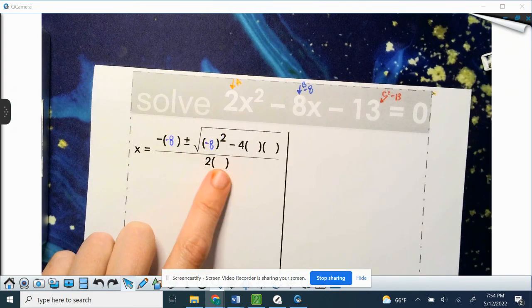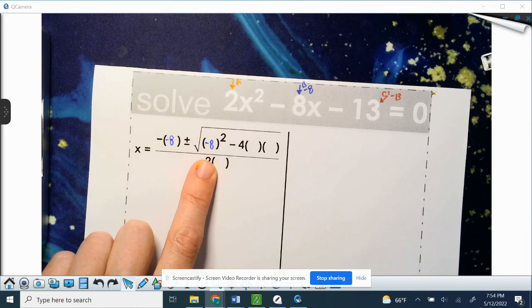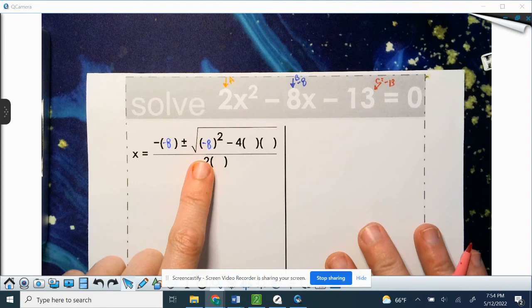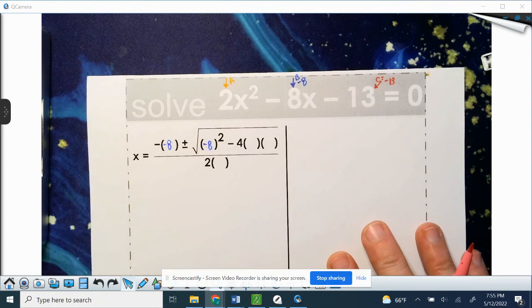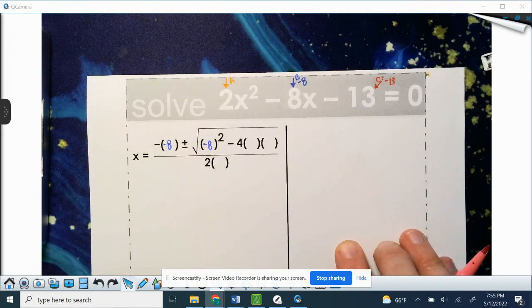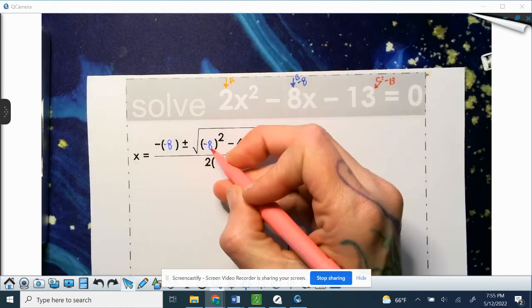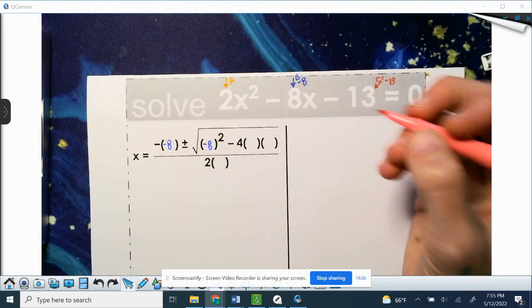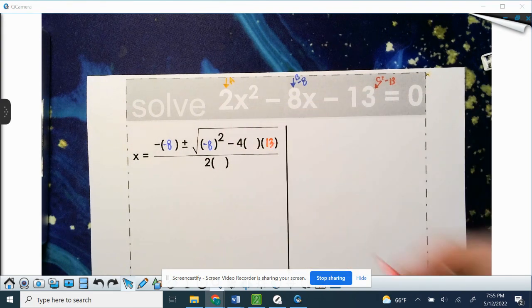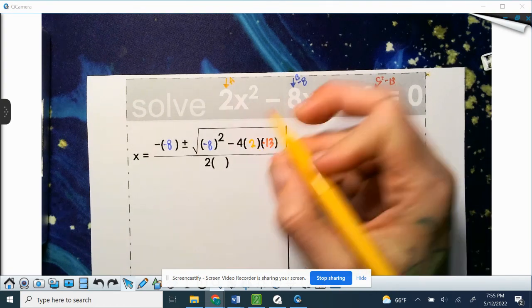Again, plug this in the calculator and make sure you're using parentheses. Because if not, your calculator is going to tell you a negative 8 times a negative 8 is a negative number when it's squared like that without the parentheses. And we know that a negative times a negative is a positive. So it's 4AC, so we have 13. And that's a negative 13. Our A value is 2. And then 2 times A, so 2.